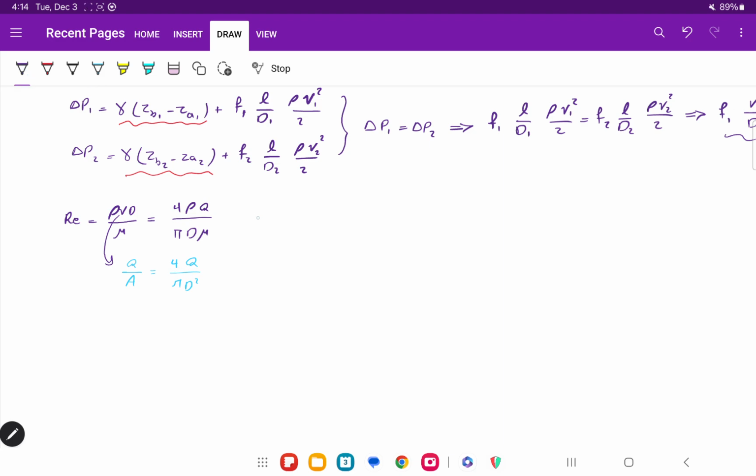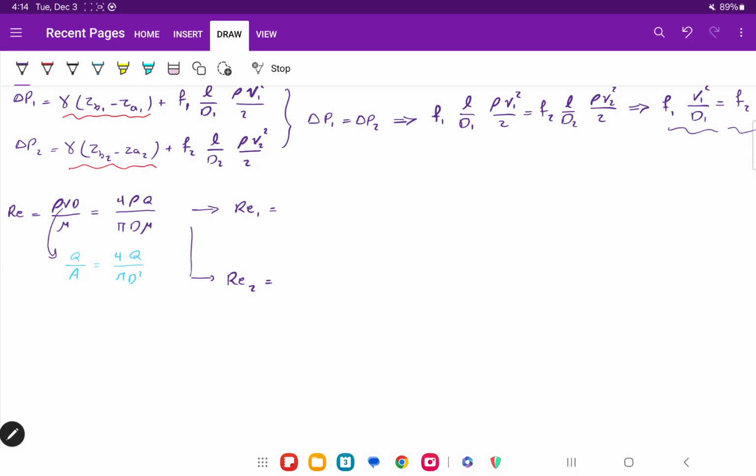Now we can calculate Reynolds number at both scenarios. So Reynolds number at the first situation equals 4 times rho, 0.89 Sg times density, 1.94 slugs per cubic feet.